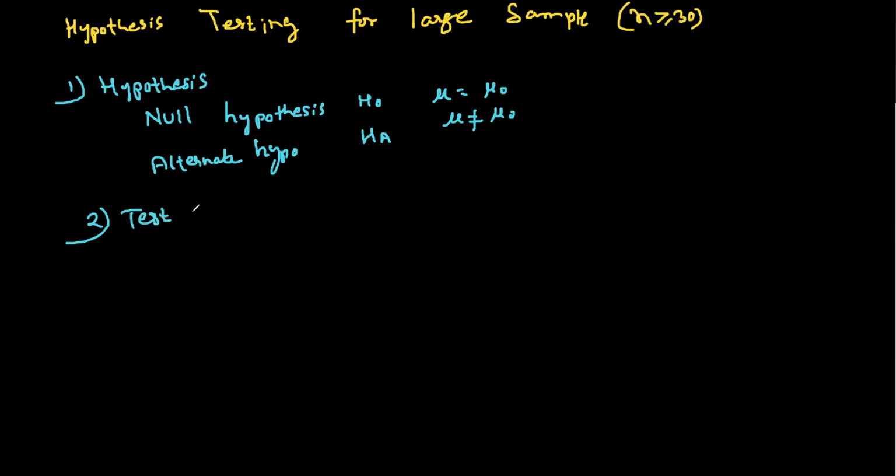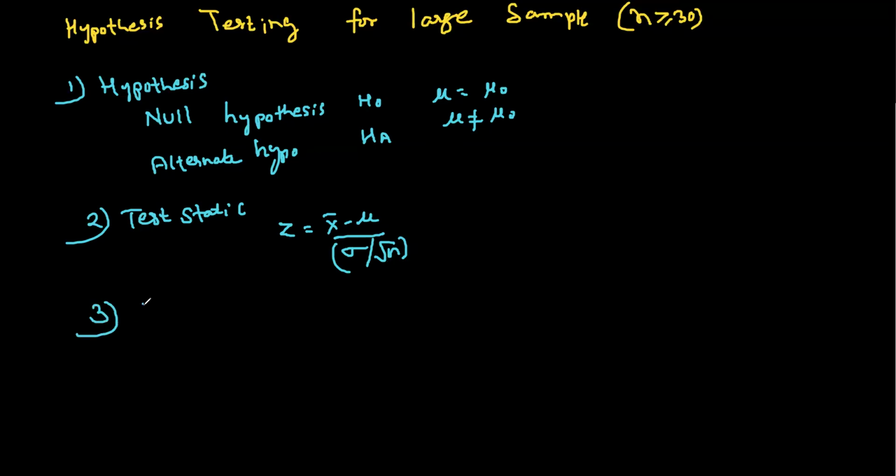Second step is test statistic. We do the calculation by the formula (x bar minus mu) upon (sigma upon root n). This is the formula, the calculation part.